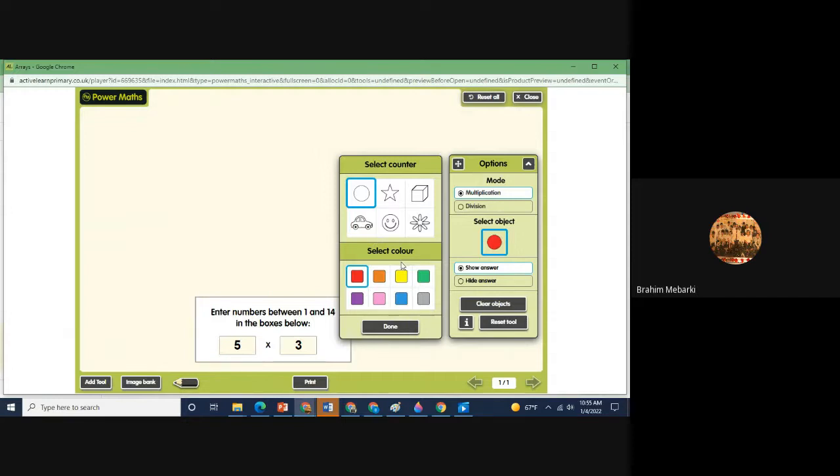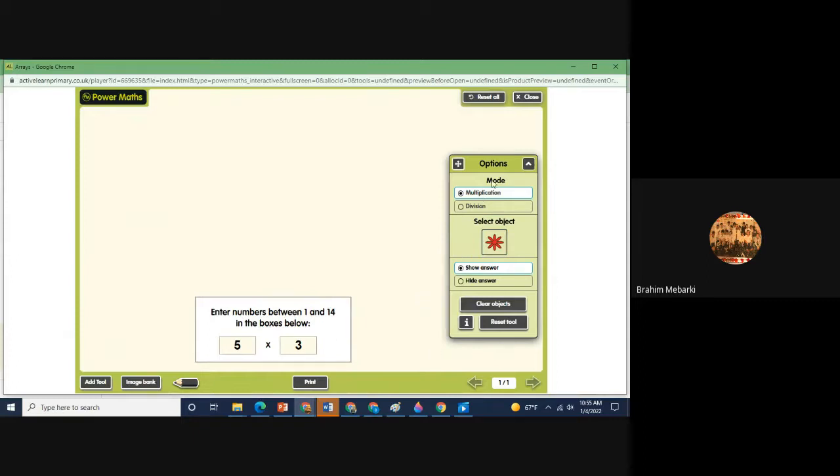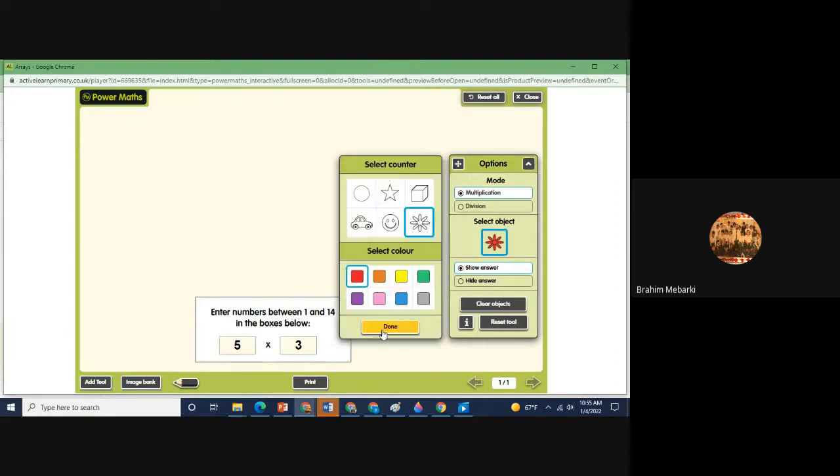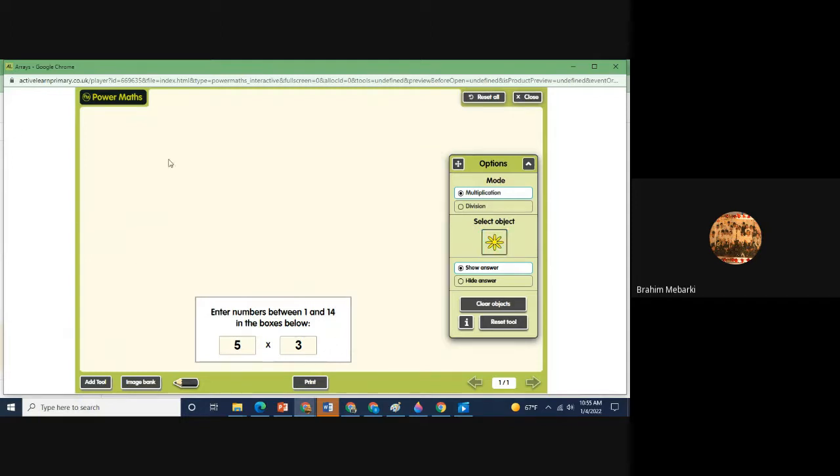The objects I'm going to use. Which objects would you like to use in your array? Flowers. Let's use flowers.